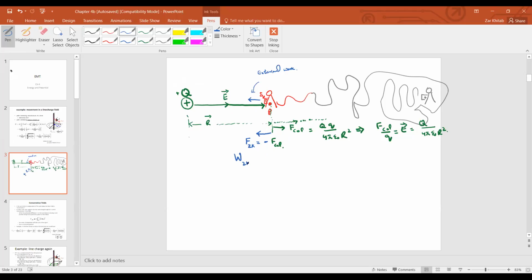Now, whenever I try to find the potential difference or the work, the work which I do will be equal to minus the Coulombic work which the electric field is doing.